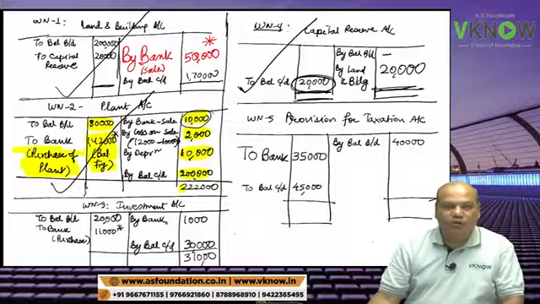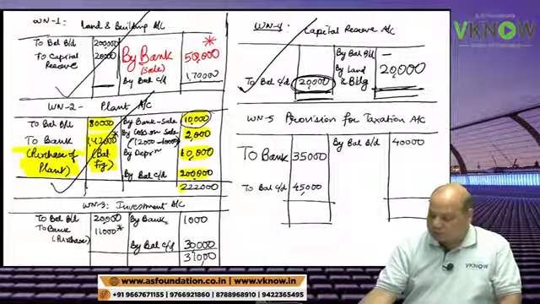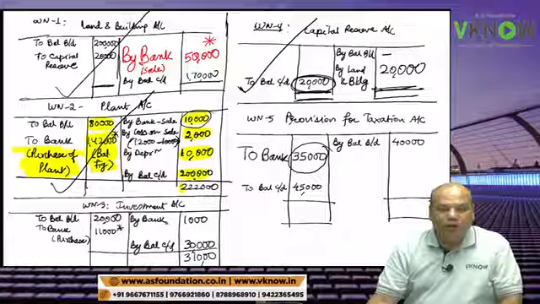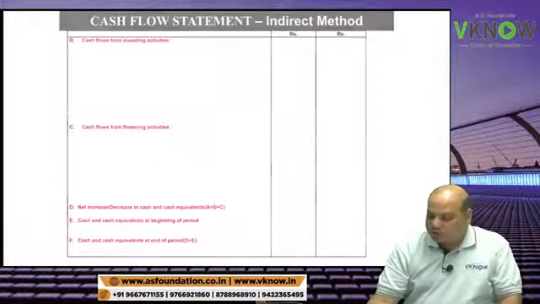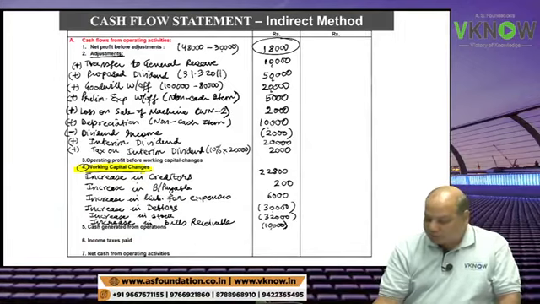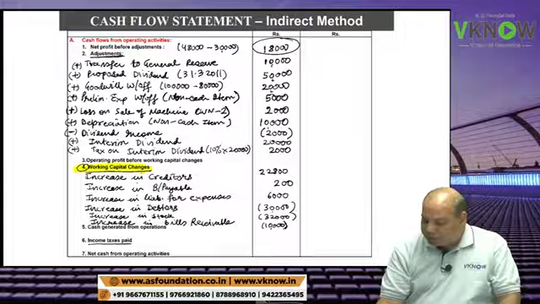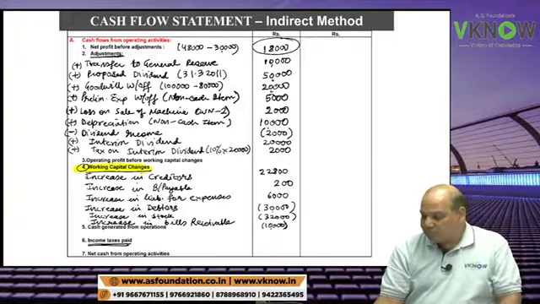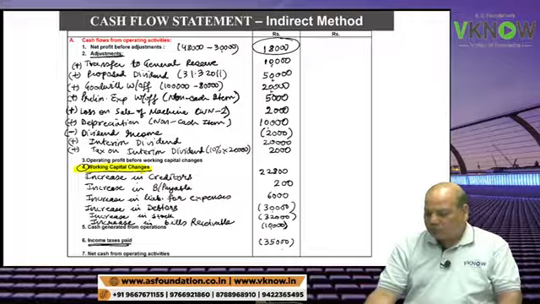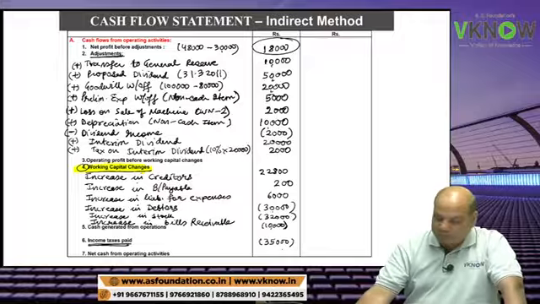So the moment you write to bank, any bank entry in a working note means we have to also write it in the cash flow statement. Income tax paid, operating activity, point number 6 below. Point number 6, income tax paid in bracket 35,000. In bracket.